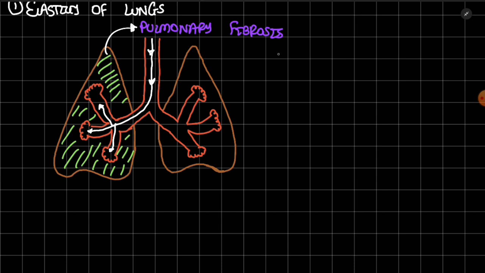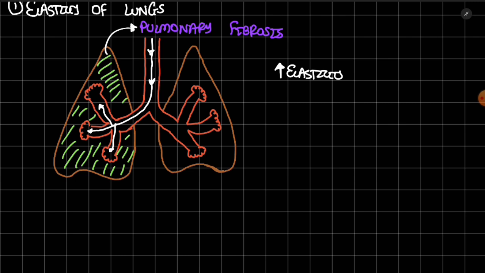So the elasticity will increase. Why? As we have learned, the lung has a natural tendency to recoil itself in the body. Here fibrosis occurs, so it is not able to inflate itself, but it has a natural tendency to recoil.